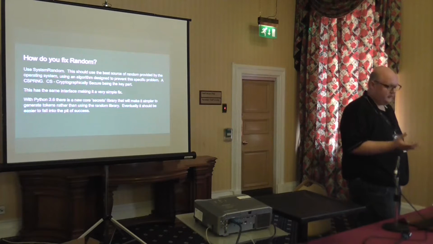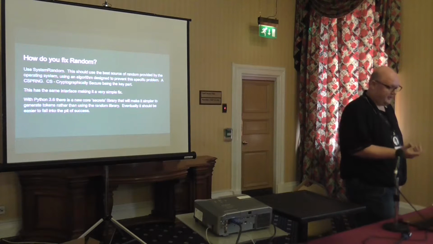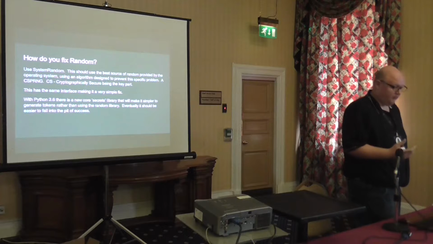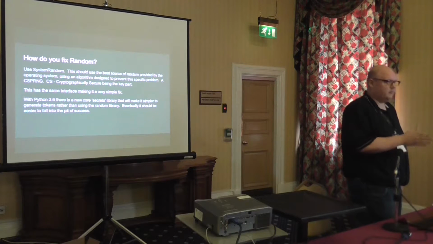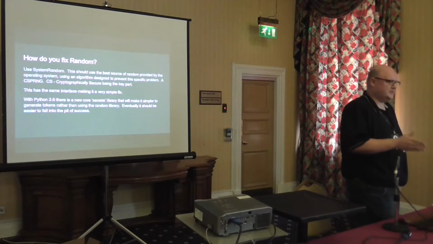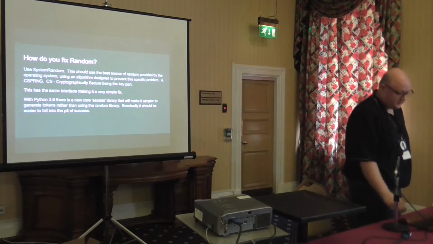For existing code, and for code before 3.6, use SystemRandom. It hooks into whatever the secure random number generator is on the operating system, and even on modern Linuxes, that's actually been upgraded recently, in that it's now moved from being /dev/urandom to being a system call, which is a little bit better because it means another class of attacks has been removed.